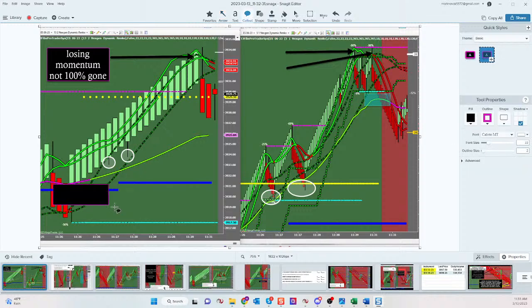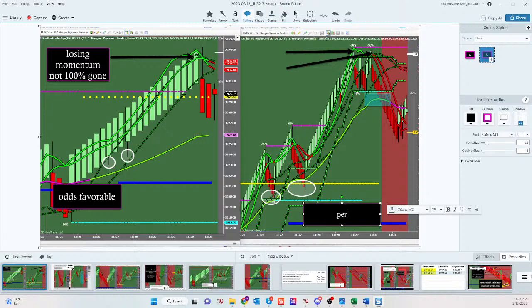Let's annotate the bottom one. Odds favorable. Perfect entry window. And then even right here.